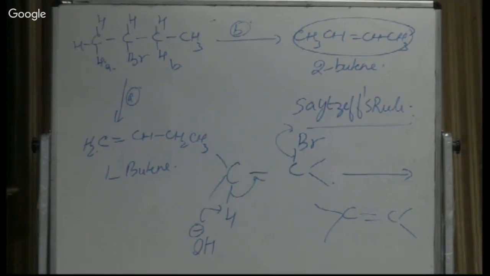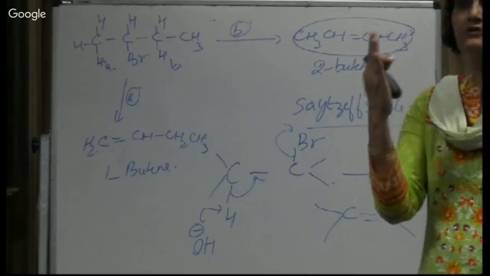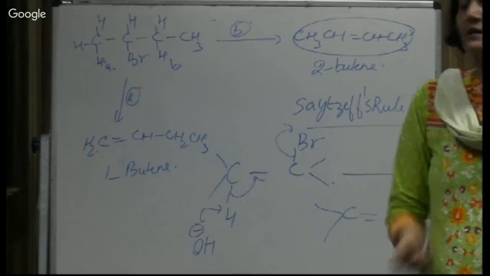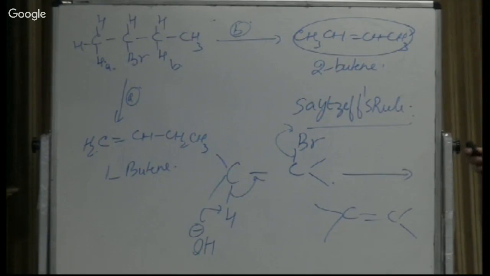Next, the method of preparation is from vicinal dihalides. What are vicinal dihalides? Where the halogens are occupying adjacent carbons. The vicinal dihalides undergo a dehalogenation reaction when reacted with zinc to form the corresponding alkene. So halogens will be lost from adjacent carbons and you will get the corresponding alkene as the product.